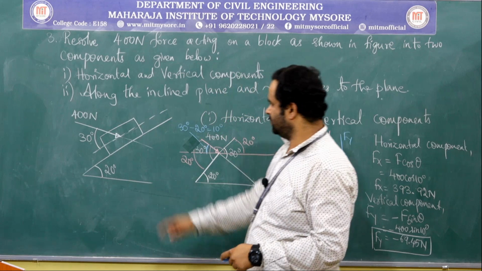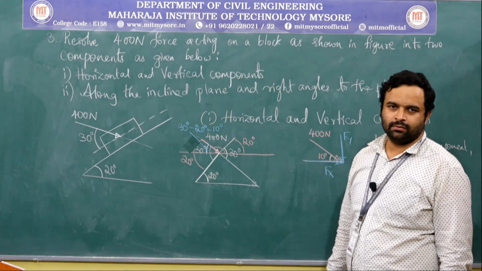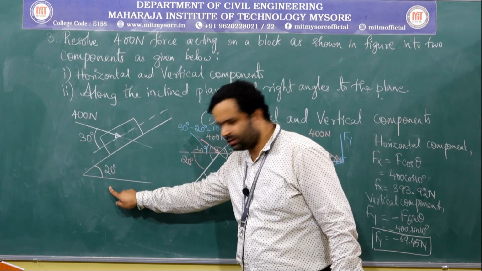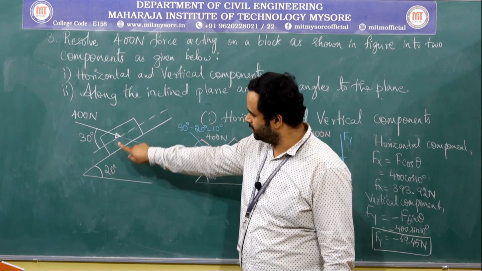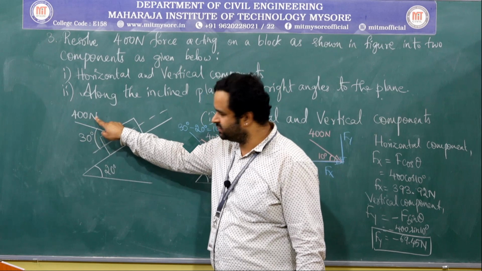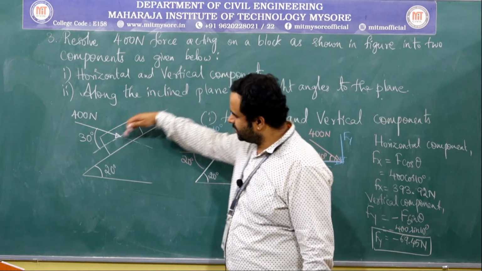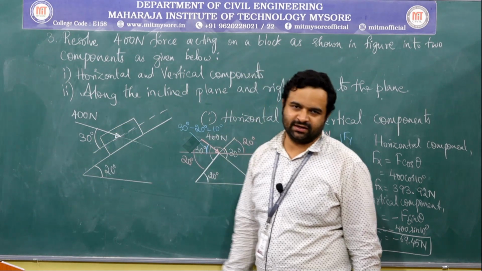Please understand, this was the block given, and the angle of inclination of the block with respect to the horizontal is 20 degrees, and the angle of inclination of this 400 Newton force with respect to the inclined plane is 30 degrees.